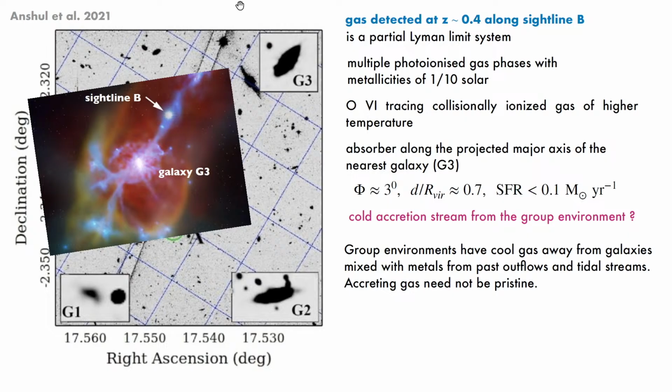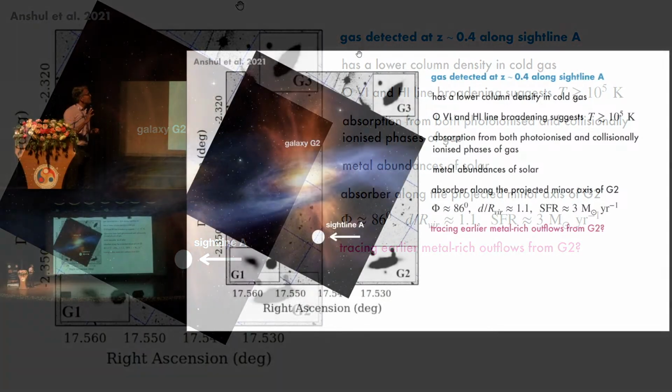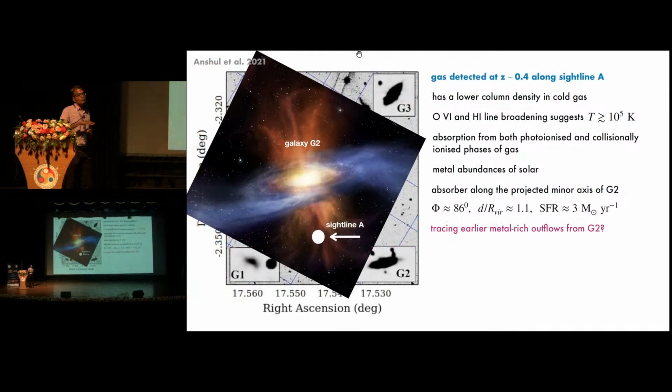That is one example, and in that same environment we also find evidence for another case where gas is moving out of a galaxy along the projected minor axis. This gas is metal rich and possibly is tracing outflow. So in one set of observations, we have found two examples through this technique: gas being accreted from the intergalactic medium, and gas that is outflowing.